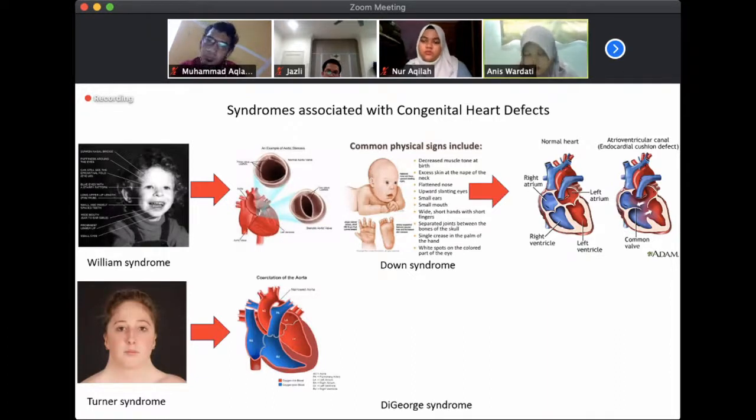There will also be limb anomalies. For example, there will be a single palmar crease, and at the foot there will be what we call a sandal gap, a wide gap between the first and second toes.